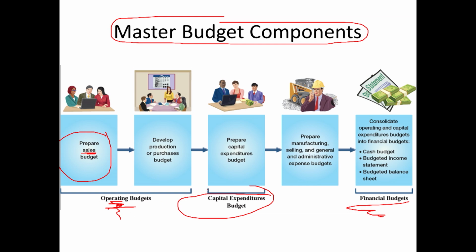You have some others as well. Capital expenditure budget, if you're going to purchase a big piece of equipment or a building or something like that. Then you've got a lot of selling and administrative budgets as well. And then you can actually do a cash budget, a budgeted income statement, and a budgeted balance sheet, okay? These are all components of the master budget. But know that the sales budget is the first budget that you need to prepare, okay? Everything flows from that, all right?